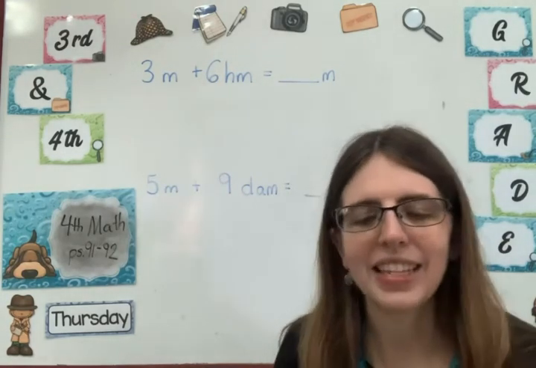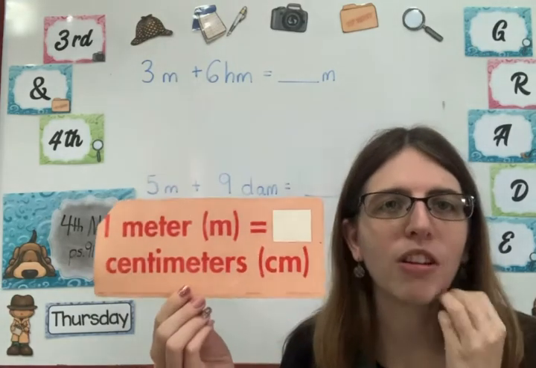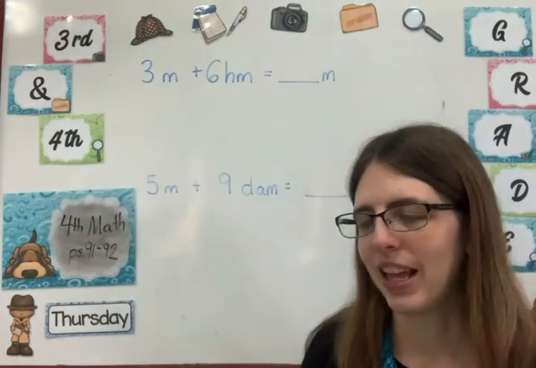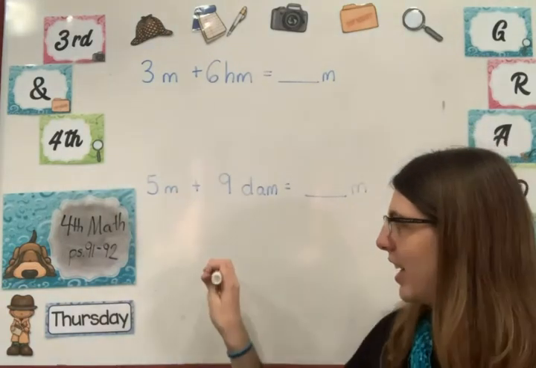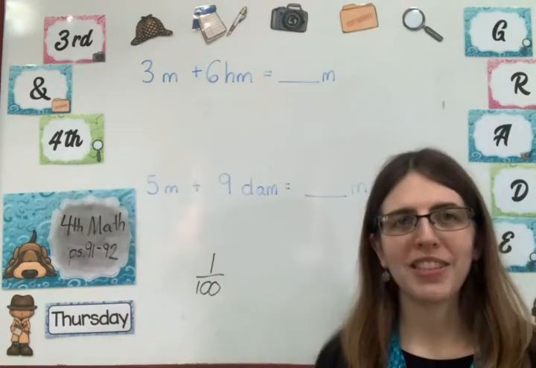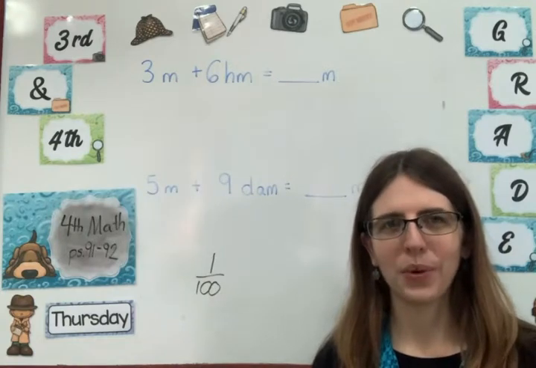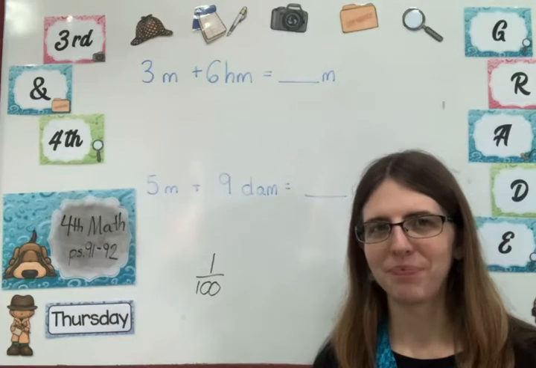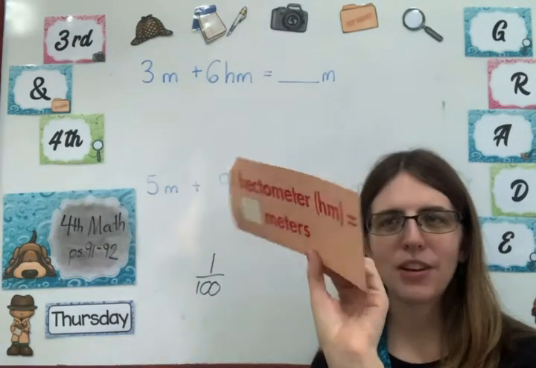Letter C is centi. Now this is a part of a meter. It's smaller than a meter. So this one has to be a fraction. It is what part? It is 1/100th. So that's the fraction that you need to put in the blank there for C. Letter D is hecto. So what does that one mean? Hecto, again, that's bigger than a meter, so it's a whole number.